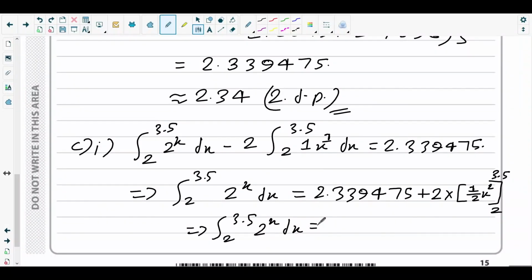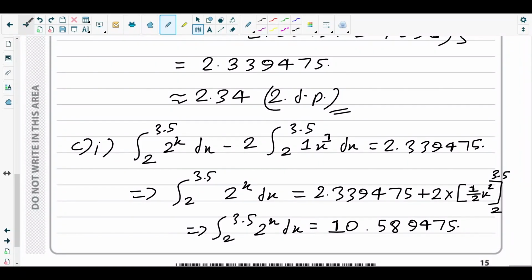That gives half of x squared, so half times 3.5 squared, the upper limit, minus half of 2 squared, which is 4, times 2 on the outside, plus 2.339475, which gives you 10.589475. So we got the value for the integration of 2 to the power x from x equals 2 to x equals 3.5.